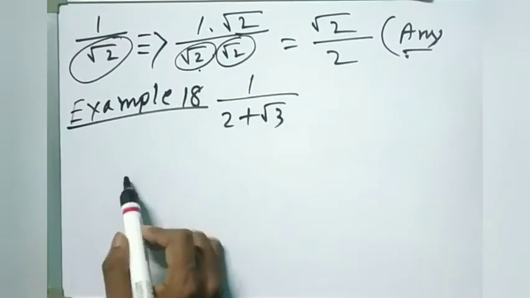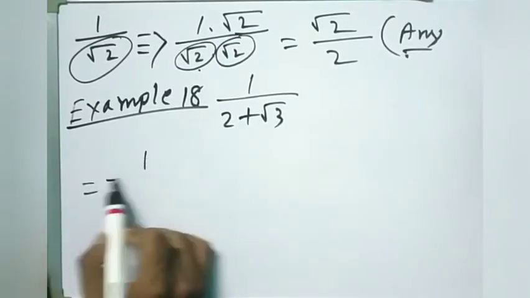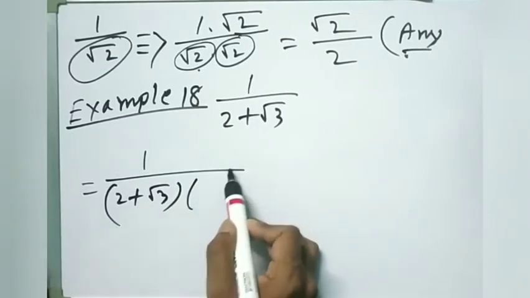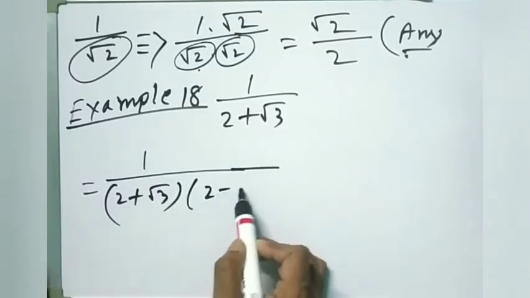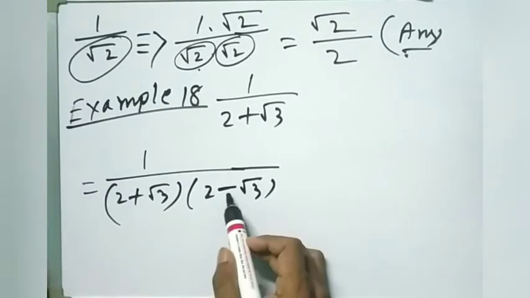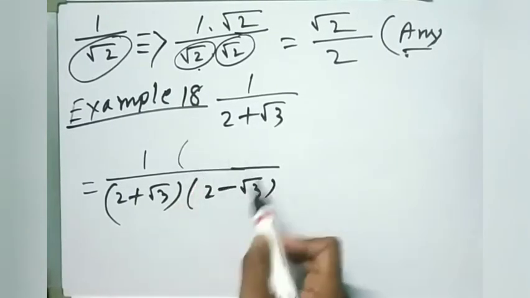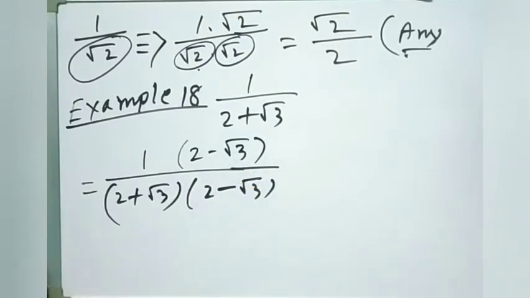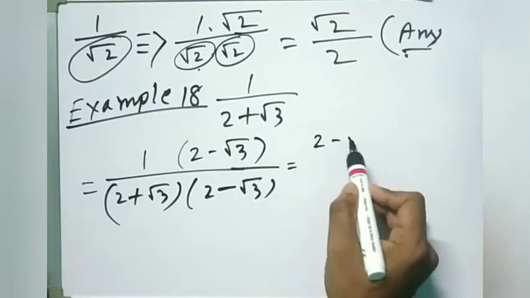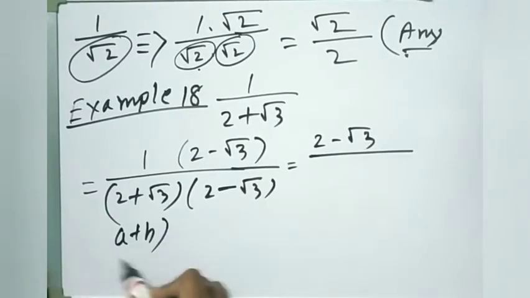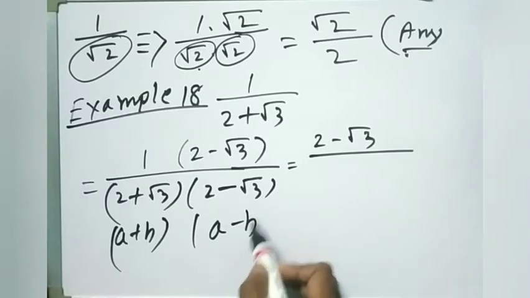So we'll multiply the denominator with the same number but opposite sign, and the same thing in the numerator also. So 2 minus root 3. Now here you can see the a plus b into a minus b formula.